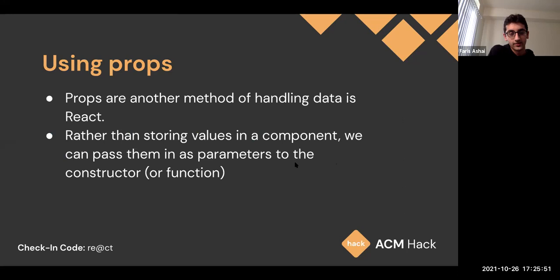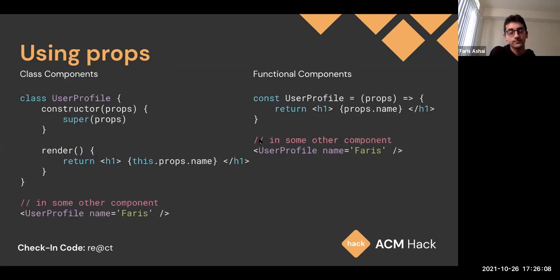So the second way of handling data is through props, or properties. Instead of storing the values in the actual component, we can pass them in through the constructor or the function parameters as arguments. In class components, we would do this in the constructor. We would take the properties and call super to give them to the component constructor also.